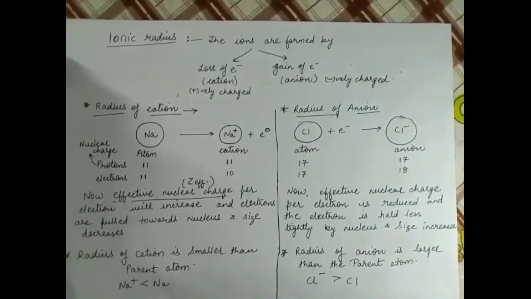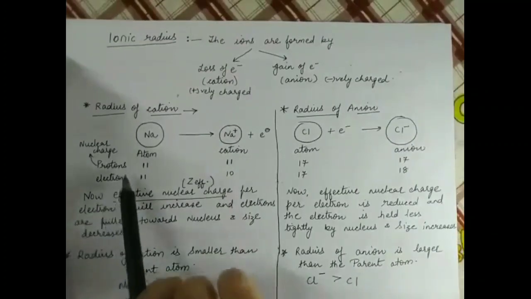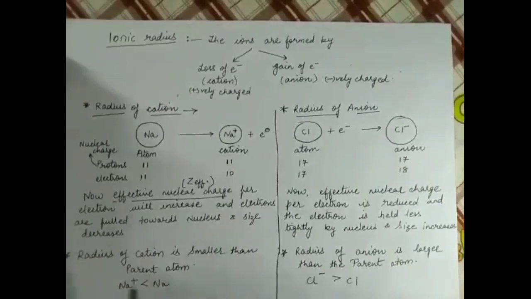So the nuclear attraction will be 1 per electron, that is 11 protons, 11 electrons. But in case of cation Na+, now 11 protons are attracting 10 electrons. So the nuclear attraction will be more than 1 for 1 electron.